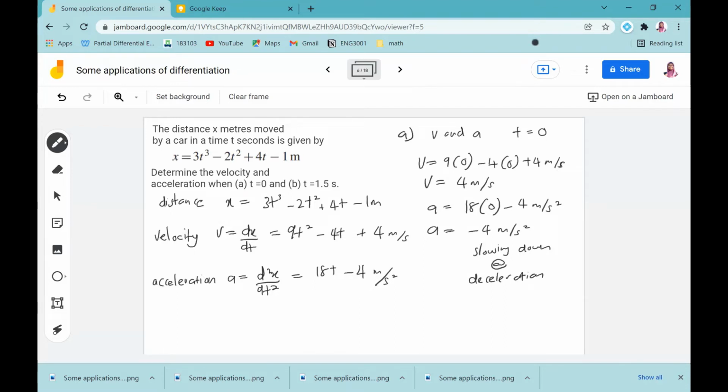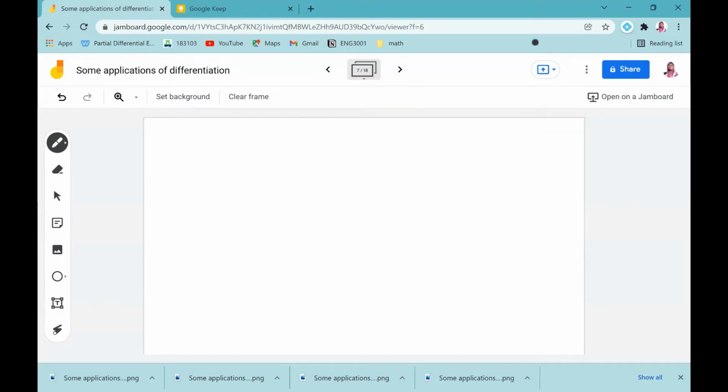Now we go for (b), what is v and a, when t is equal to 1.5 seconds. So for v, previously we have 9t squared minus 4t plus 4. T we replace with 1.5, so 9 times 1.5 squared minus 4 times 1.5 plus 4.